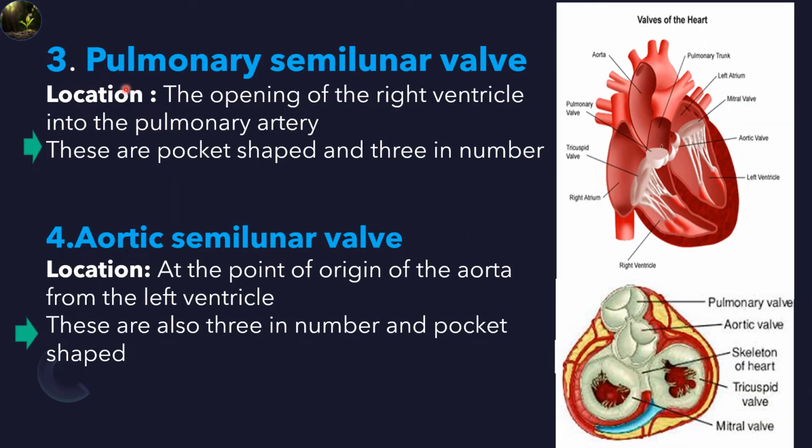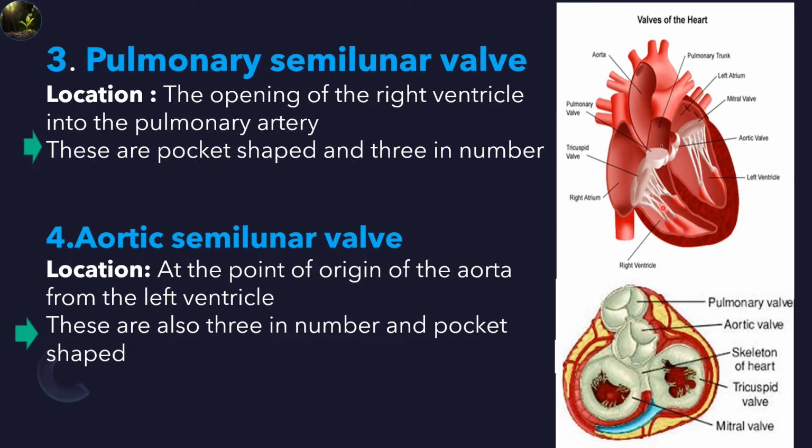Next type of valve is the pulmonary semilunar valve. Here you can see the pulmonary semilunar valve. Where is the location? It is located at the opening of the right ventricle into the pulmonary artery.